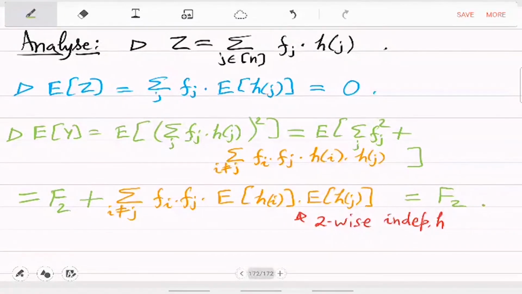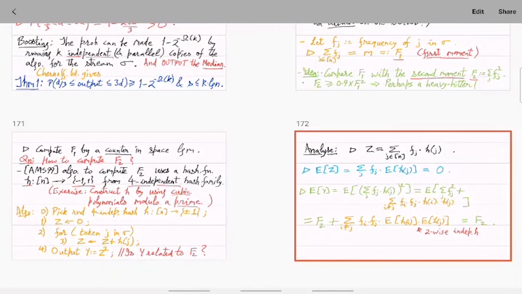So you see that this justifies our algorithm. Because although Z is expected to be 0, Z squared is not. And this should be a big surprise. Somehow this probabilistic calculation is telling you that Z squared is expected to be what you wanted, which is F2.